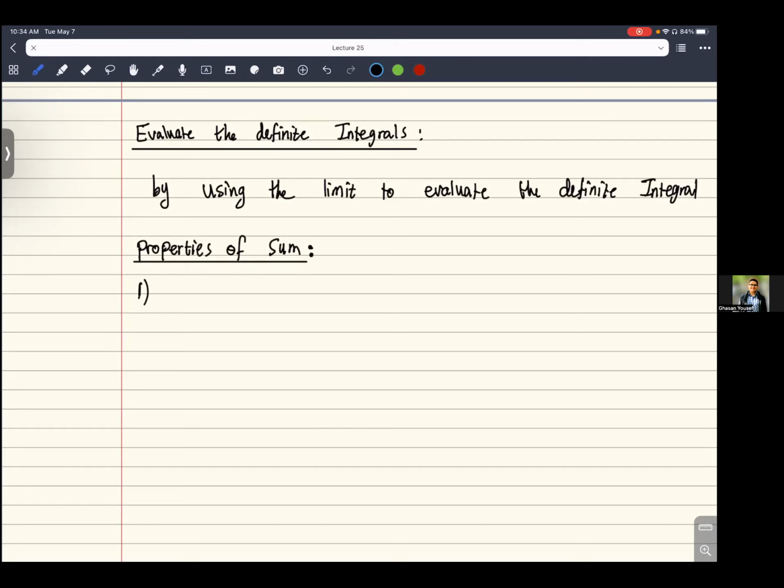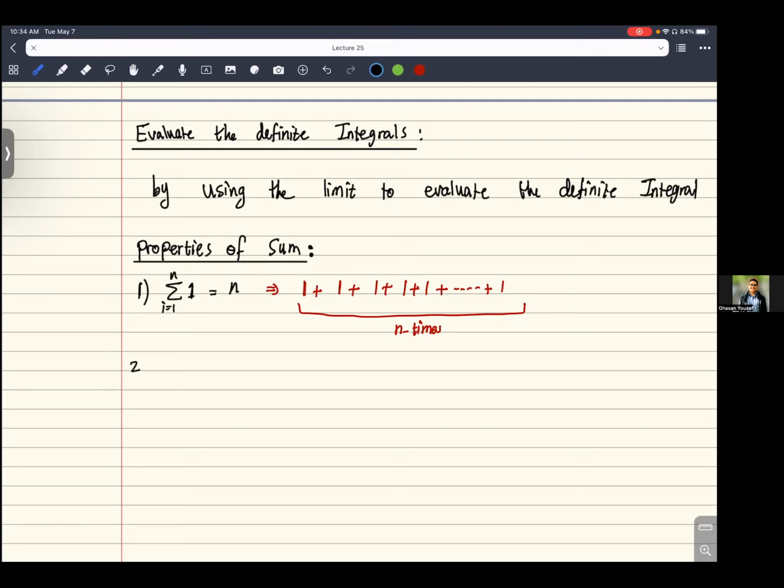So here, number one, you should know the sum of 1, all the time, from i equals 1 to n, is the same as n. What does that mean? This means 1 plus 1 plus 1 plus 1, n times. So the total when we add ones is the same as n.